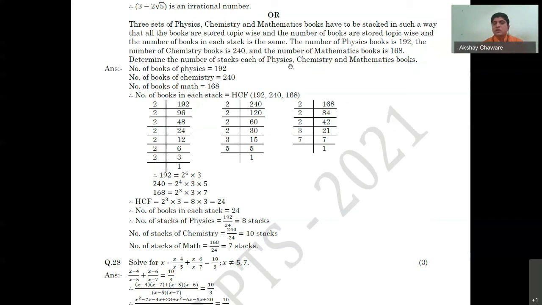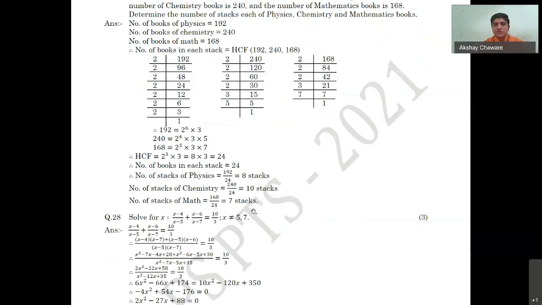So for physics it should be 192 upon 24, that is 8, 240 upon 24, that is 10, and 168 upon 24, that is 7. So 8 stacks, 10 stacks and 7 stacks respectively for physics, chemistry and mathematics. So again, an application of HCF here.